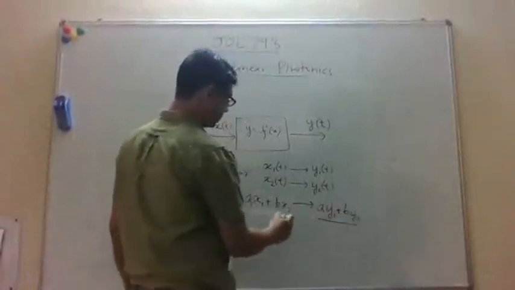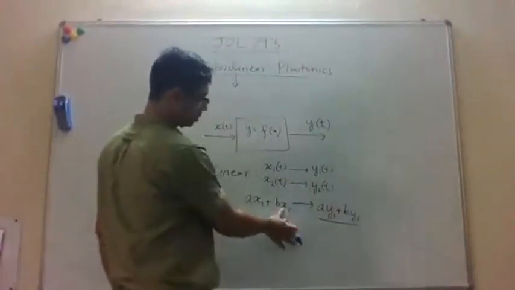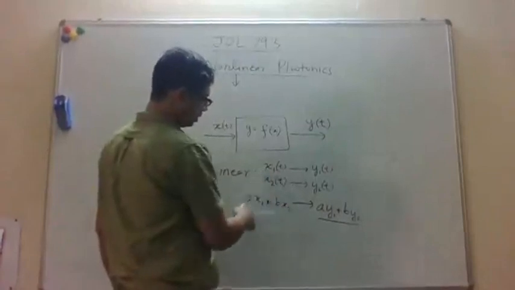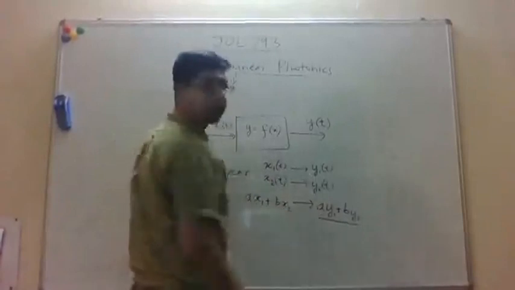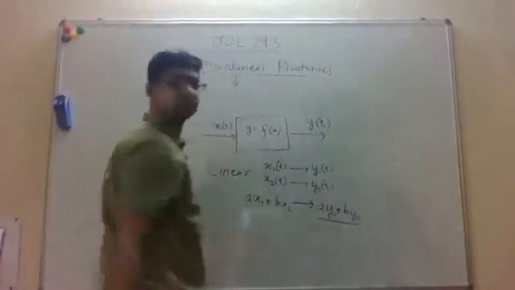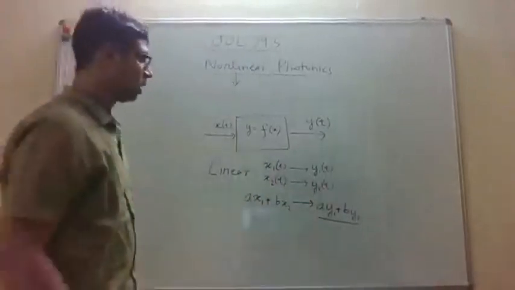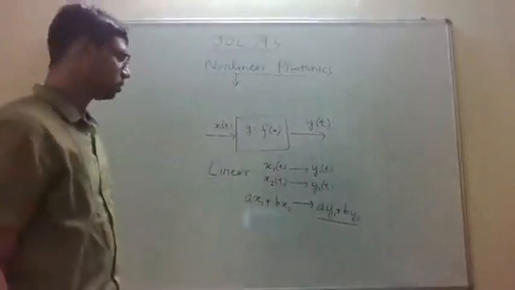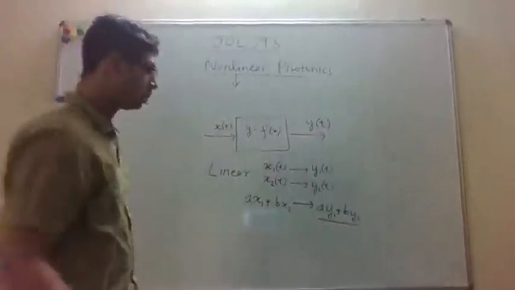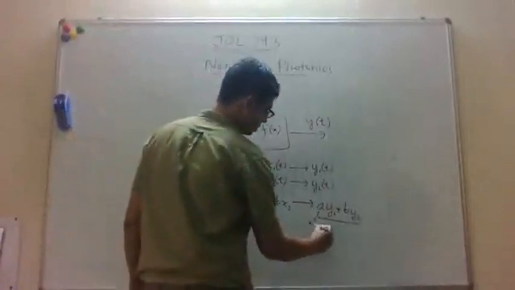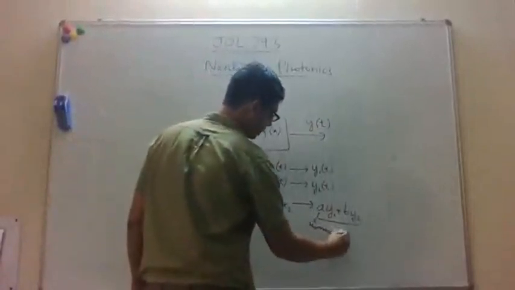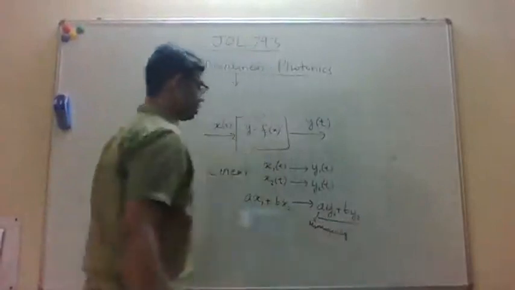So let's say if x2 was 0, then if I scale my input by a times, my output also scales by a times. That's called a scaling property, also sometimes called homogeneity, right?